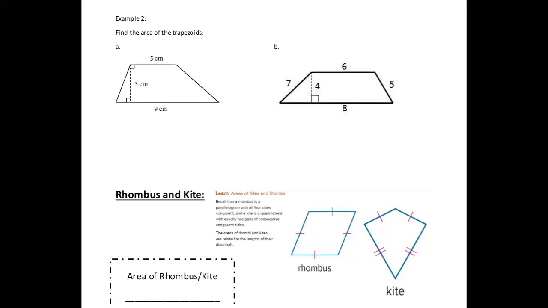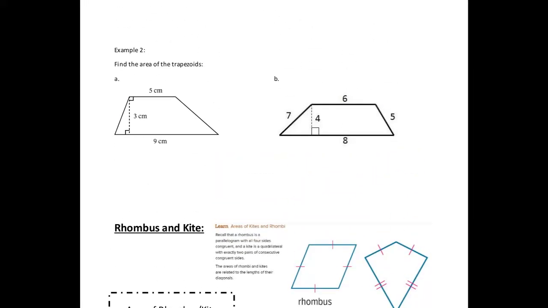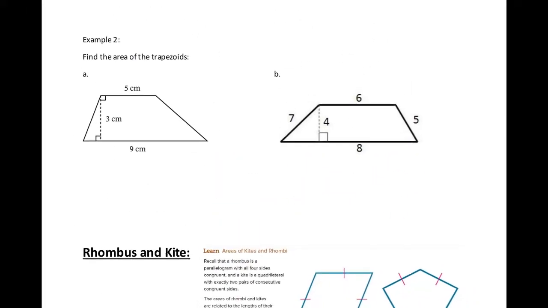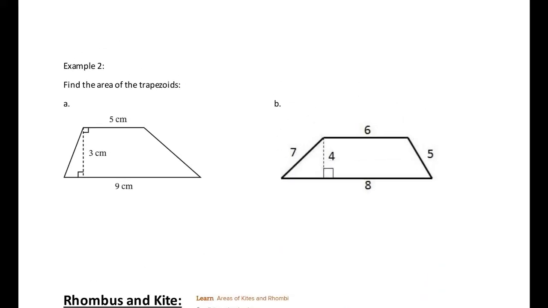All right, let's turn to the next page, and let's find the area of these trapezoids. Start with the formula. Now, on the skills check on Friday, you are going to get area equals base times height. You're going to get area equals 1/2 times the height times the sum of the bases.